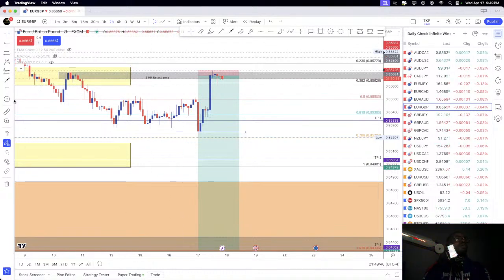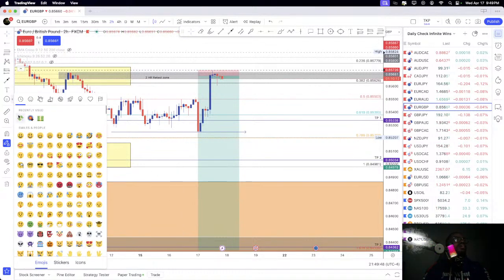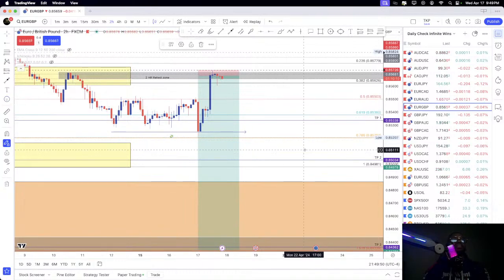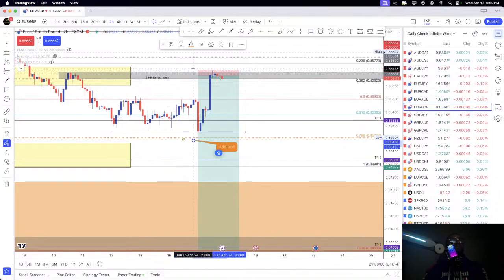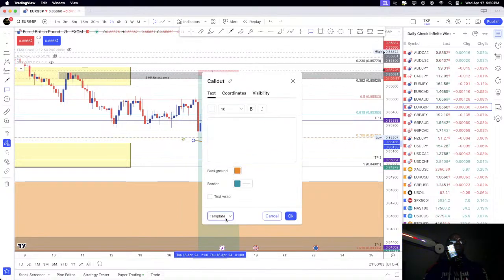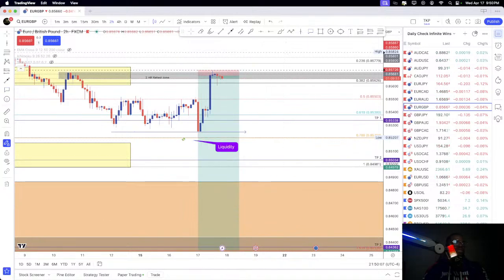We got plenty of money underneath this area right here. So what we want to do is watch to see when the liquidity in this area gets captured.